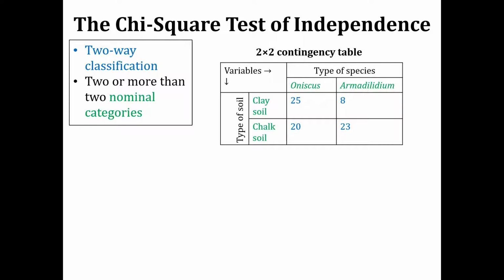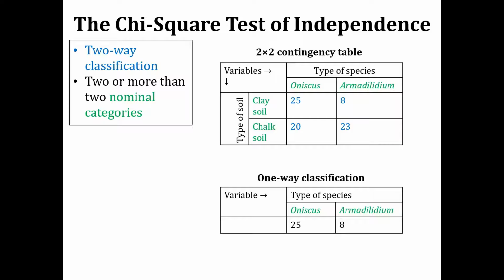So this is what is meant by a two-way classification, that each of these cells in a contingency table represents two variables. And why is it a 2 by 2 contingency table? It is a 2 by 2 contingency table because each of the variables has two nominal categories.